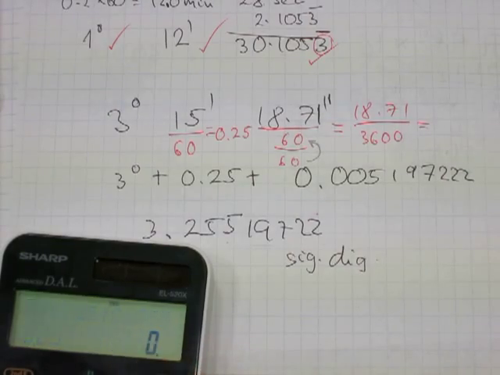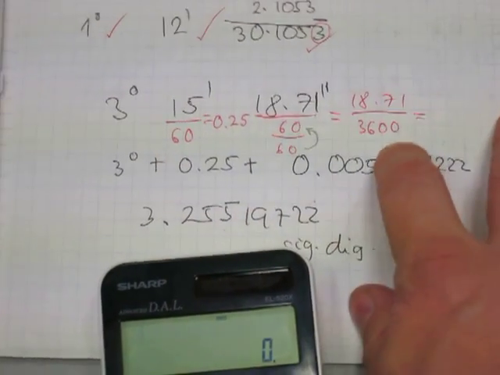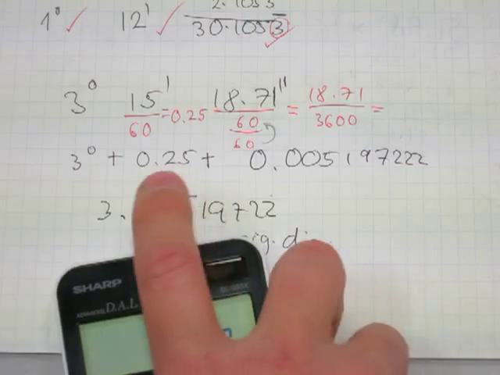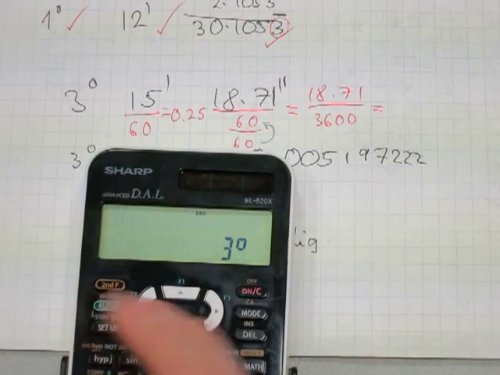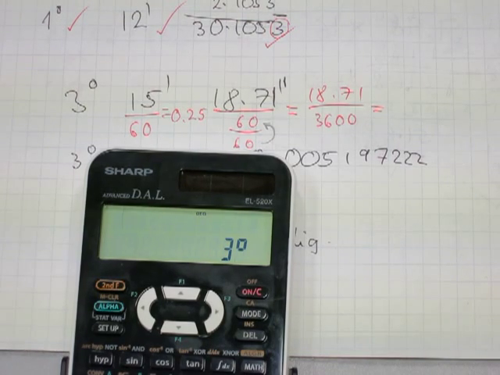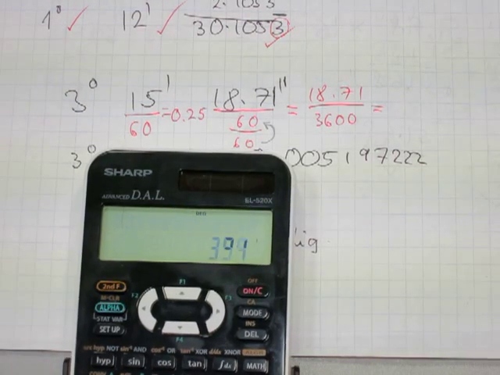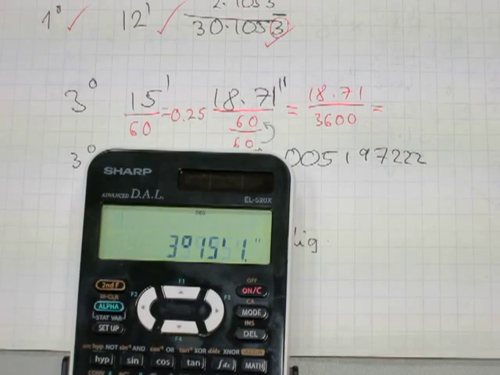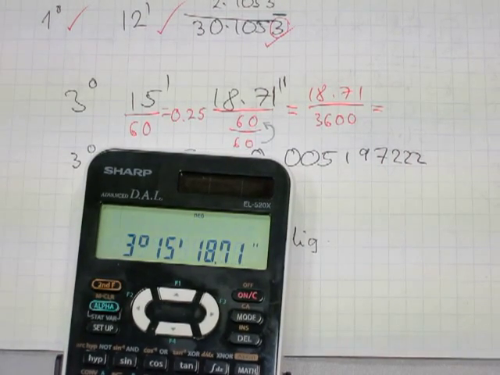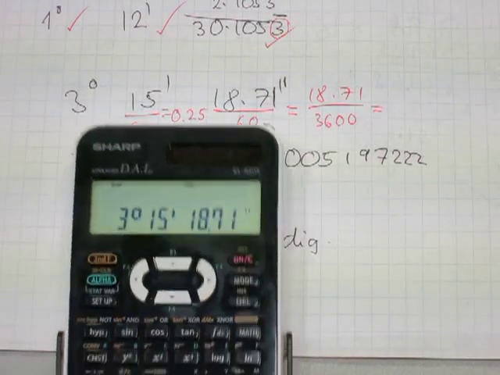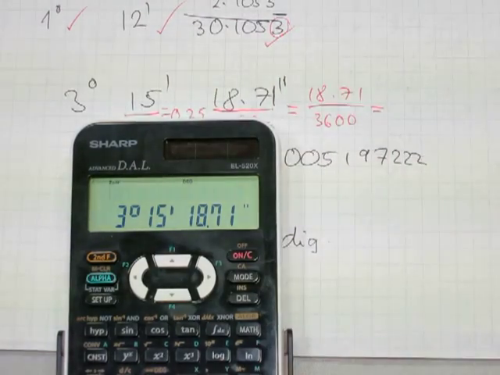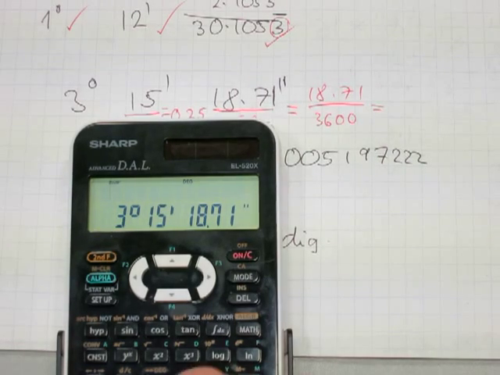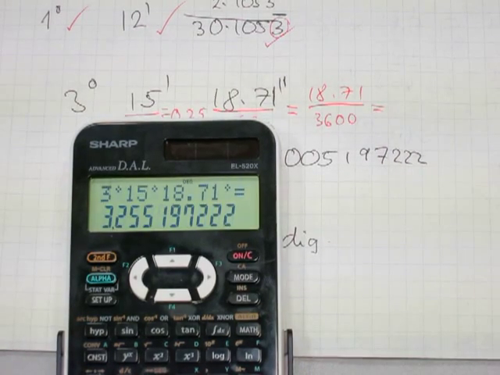Let's see what happens if we enter the original degrees on a calculator. See what number we get with the second function DMS button. 3 degrees 15 minutes, 18.71. Second function, and we have a little check bulb there, and then hit that button.